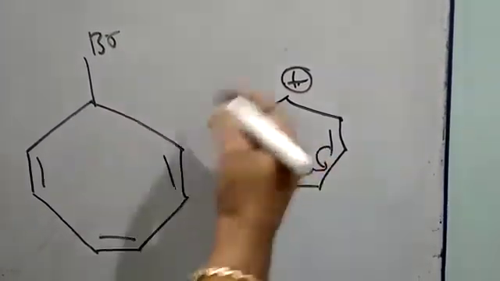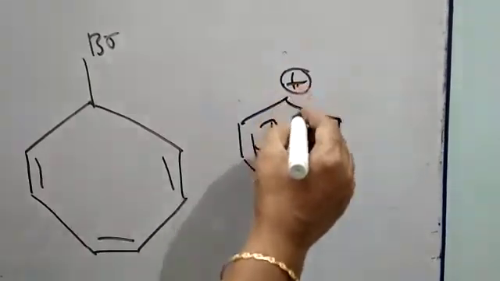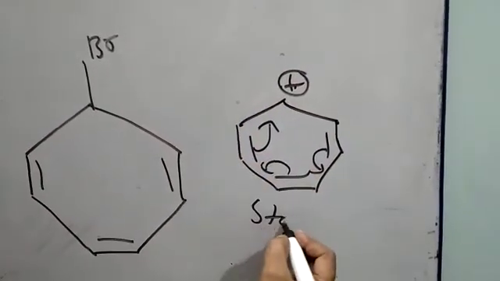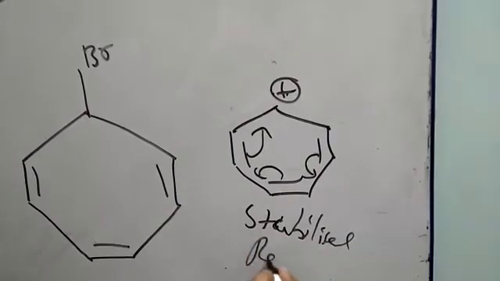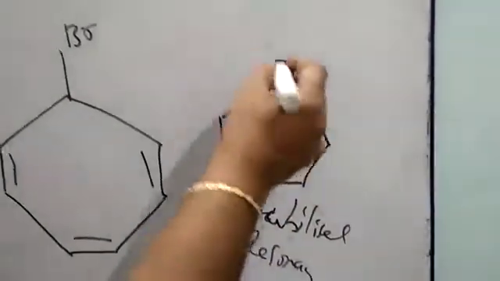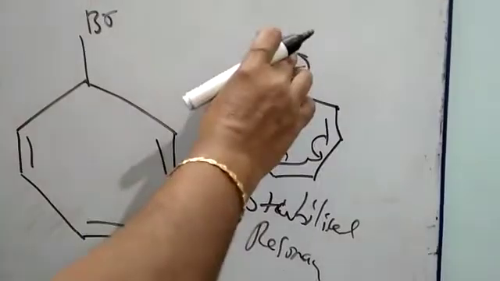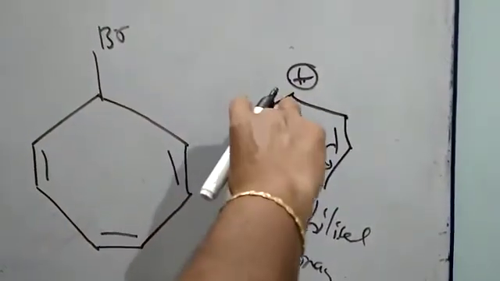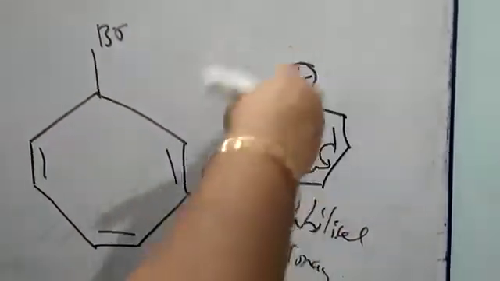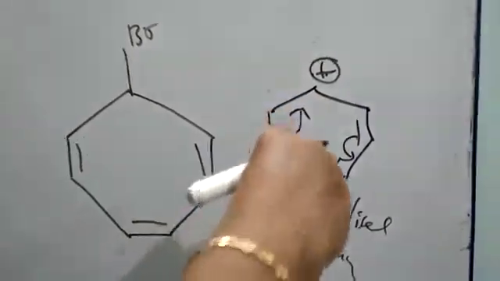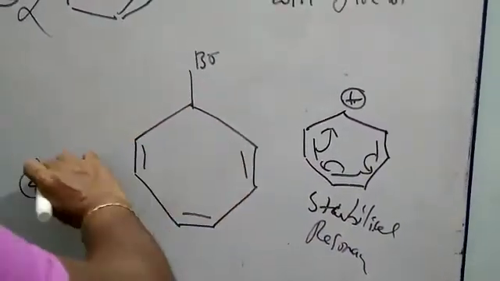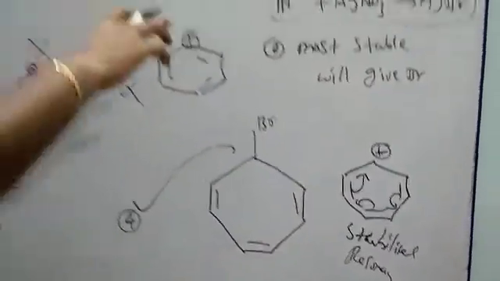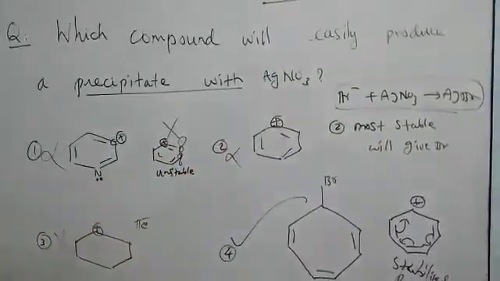This ion is stabilized by resonance. Because of the positive ion, the electron is attracted towards here, so shifting takes place and resonance stabilizes it. Because of the resonance stability, this is easy to form, and this is the answer which easily produces the precipitate with the silver nitrate.